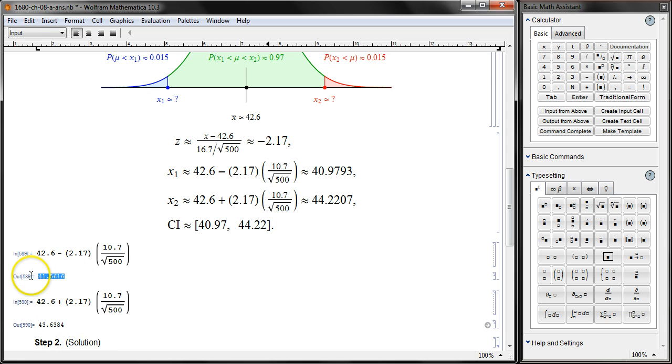Okay, got larger, excuse me, because we subtracted something smaller. And then this one got smaller because we added something smaller. Consequently, we got smaller confidence interval.